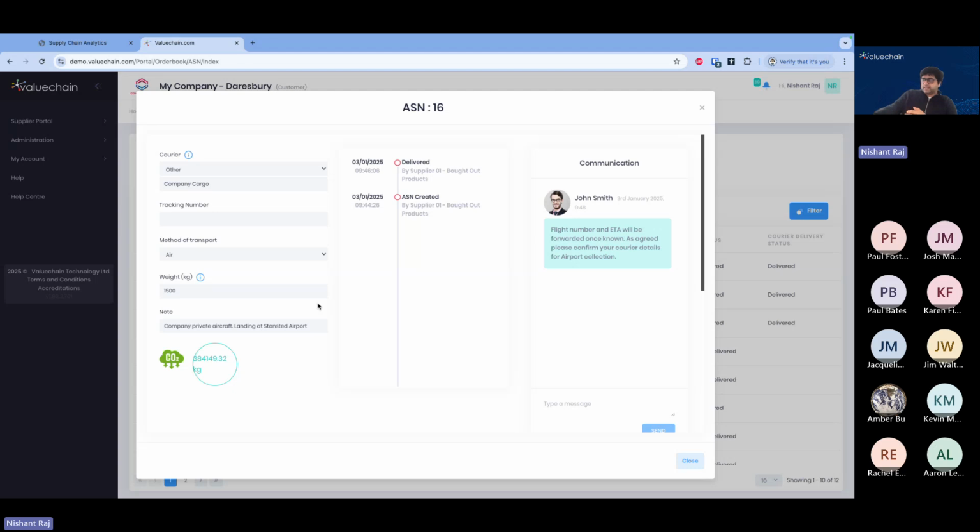So this was the type of data that we already had available to us.